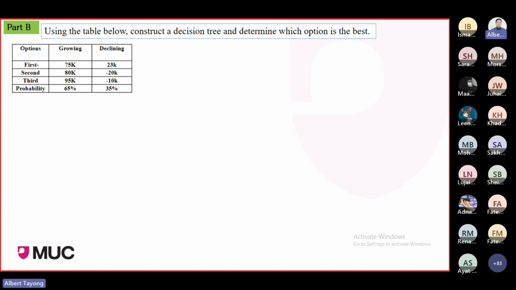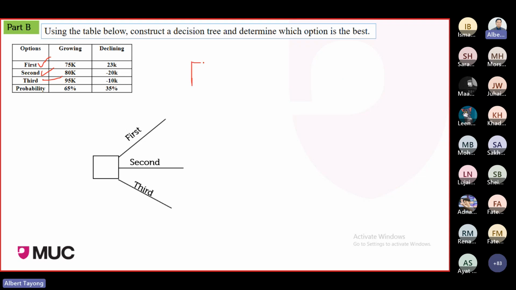All right. So we have 3 options. That means we're going to create 3 branches after the box or after the square. And you have to be very careful here.